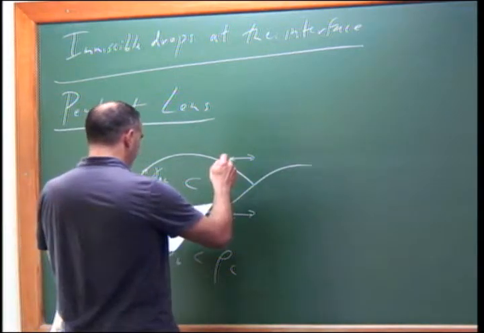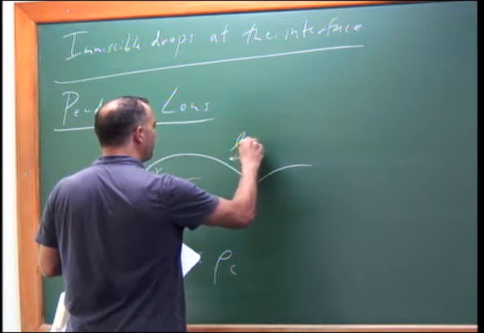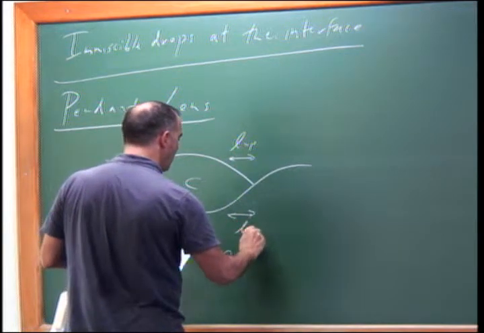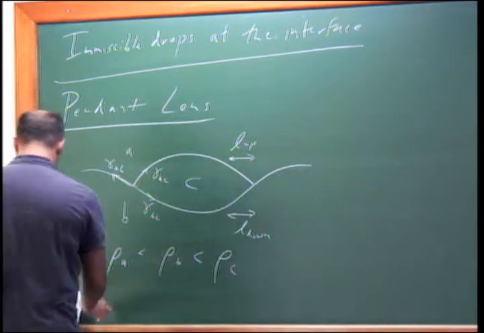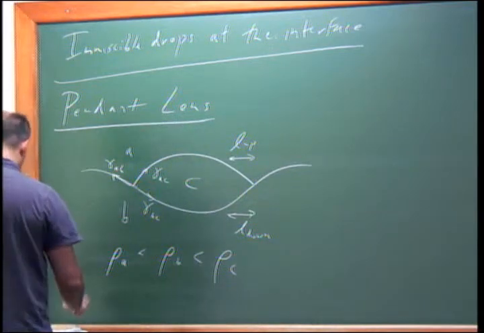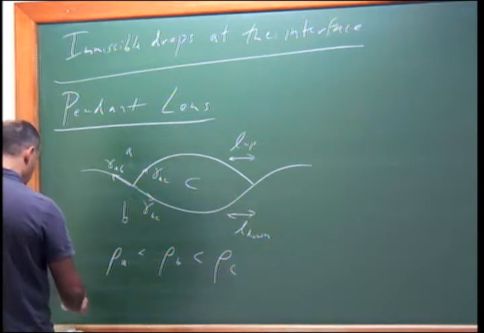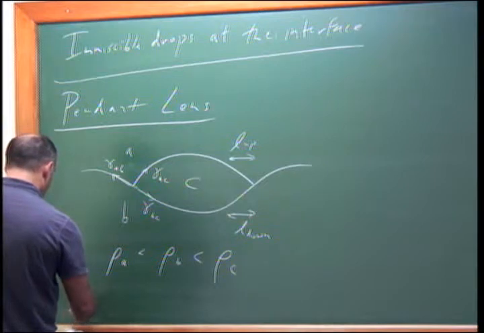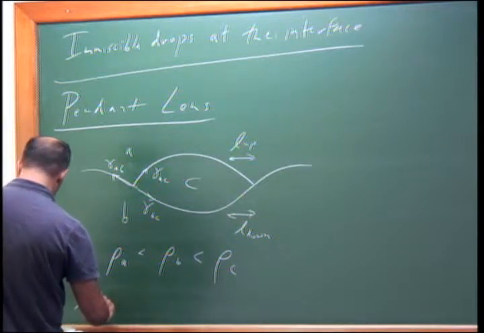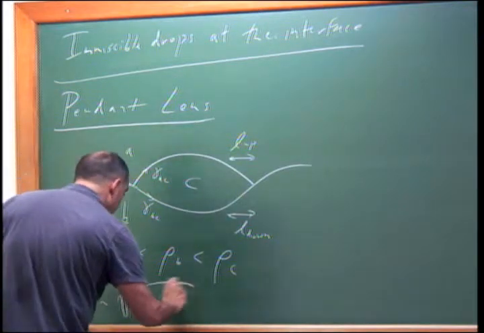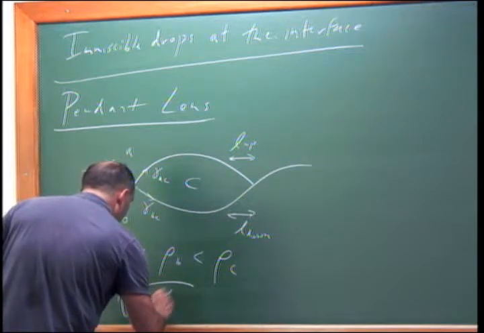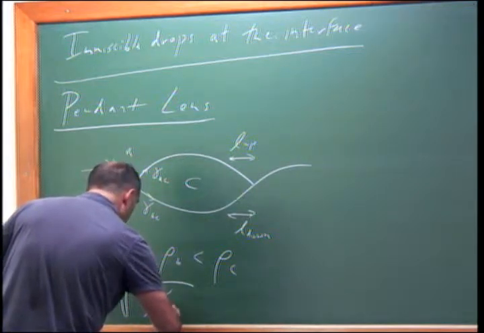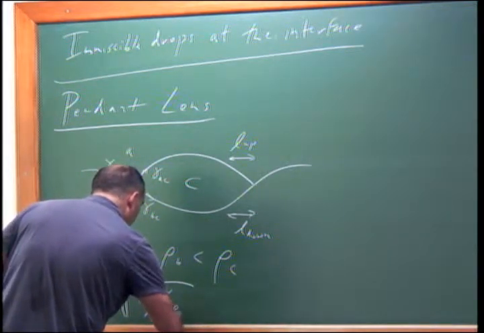So if we call this up and down, then we have L up, sigma AC, rho A minus rho C times g.